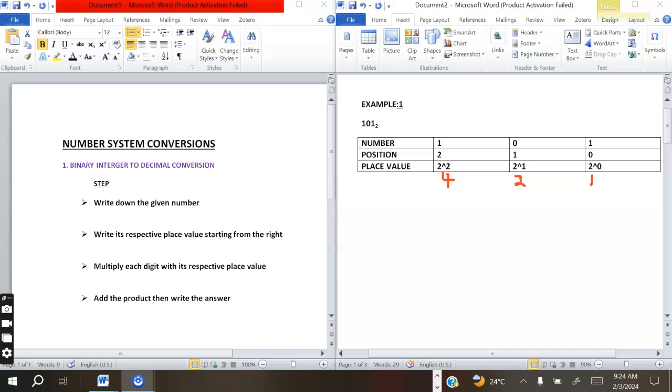Okay, after you get that, you multiply each digit with its respective place value, then add the products. Therefore we multiply this one with 1, this one with 0, this one with 1.